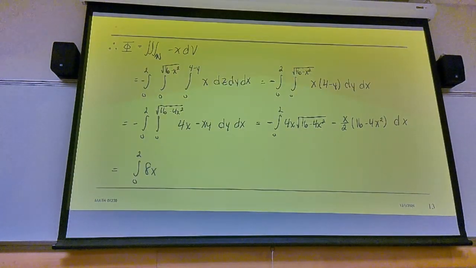Which equals what? 4x squared minus a half x to the fourth, plus a half times 2/3, 16 minus 4x squared, all to the 3 halves. U sub on that last part.